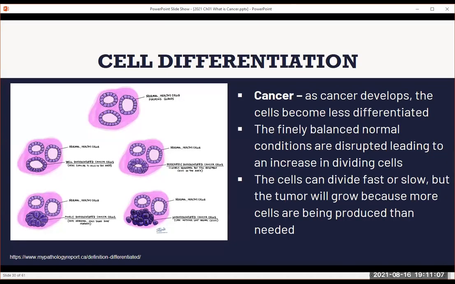So when we talk about cancer and tumorigenesis, what is the process that causes normal cells to go from this normal organized situation to where they start to become moderately differentiated and then severely undifferentiated?